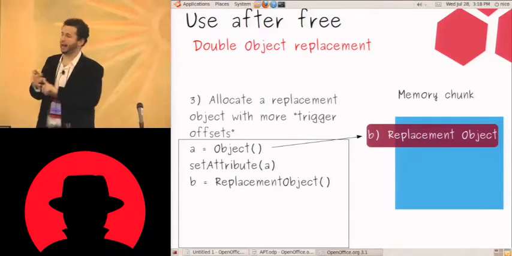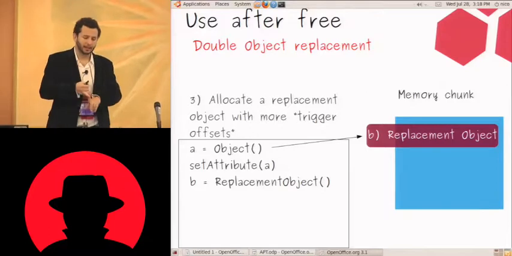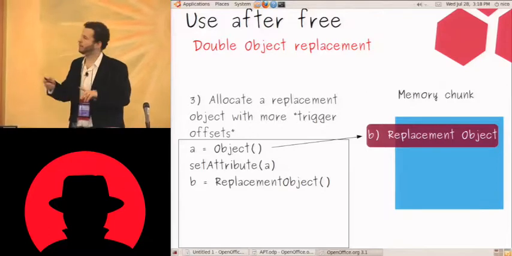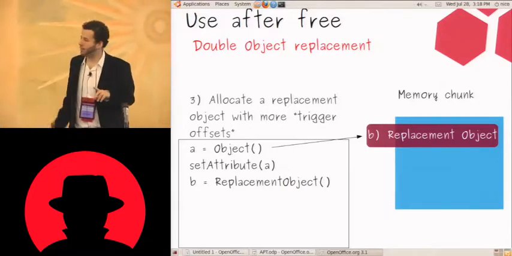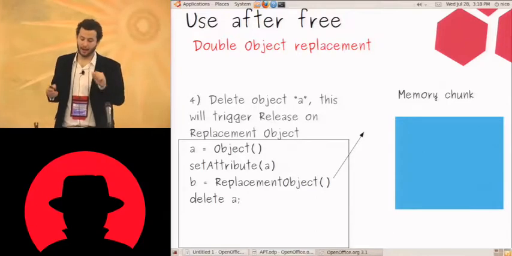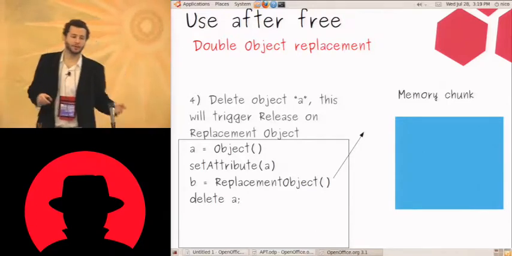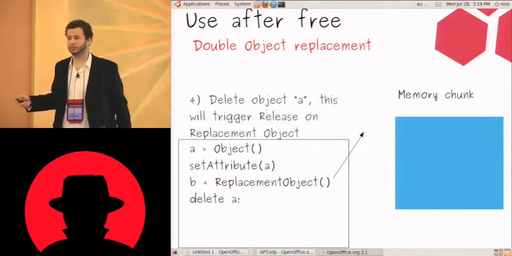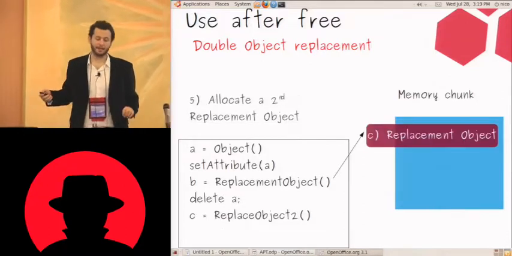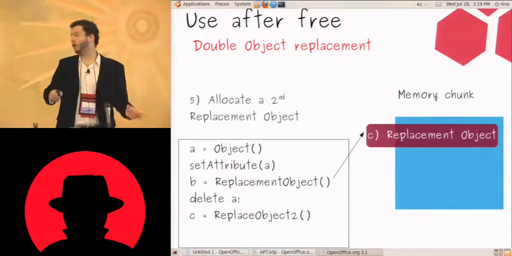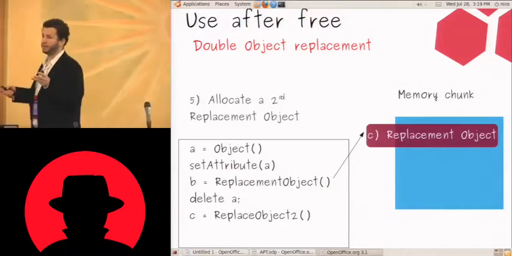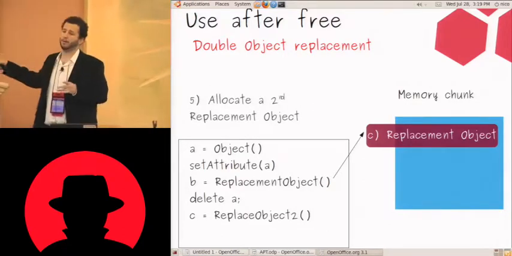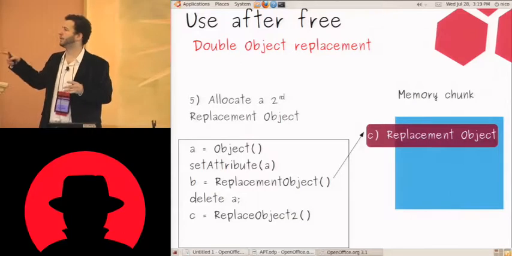And basically we have A now pointing to the object, and obviously B. So what you do is you do a delete A in order to actually delete the replacement object. And the idea is that you call a third replacement object that's going to replace what B was supposed to be.